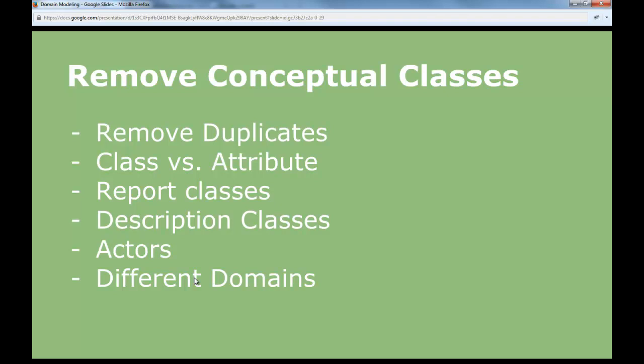Just because you can do things does not mean that they are supposed to be included in the domain model. So don't automatically put all the actors you can find in the domain model. Think about, do we need to store some kind of information to support the requirements? Do we need to know something about this actor over time, what he has done?